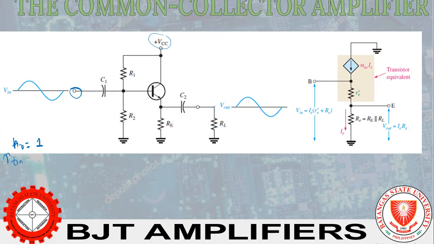Kanina sa common emitter, 180 out of phase. Ang common collector or emitter follower is no phase inversion. So, and the output is approximately the same amplitude as the input. So, halos pareho lang yung dalawa. Okay, so ito yung ating AC equivalent circuit. Ayan. Okay?